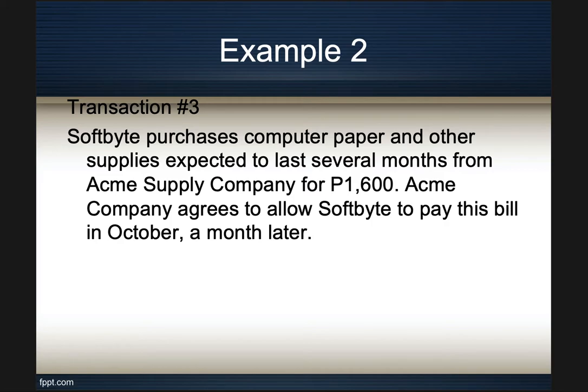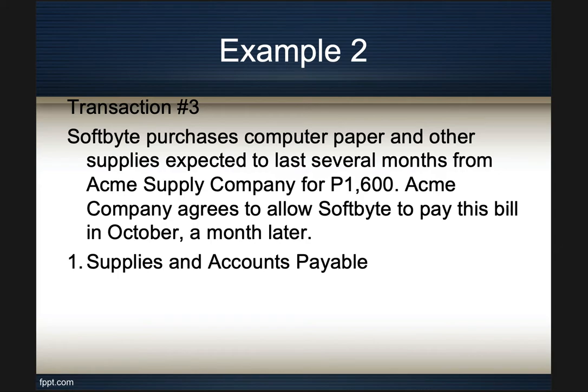Instead, the business postponed the payment to a later date. So meaning we have the supplies account and accounts payable, right? So what are we going to do with supplies and accounts payable? Remember that your supplies increased, and the same with your accounts payable.